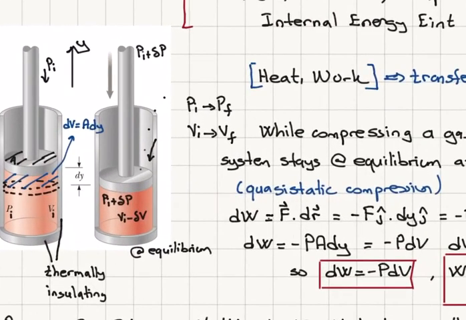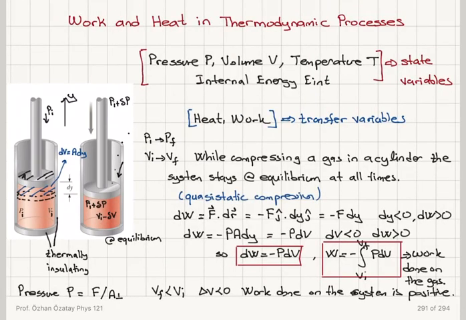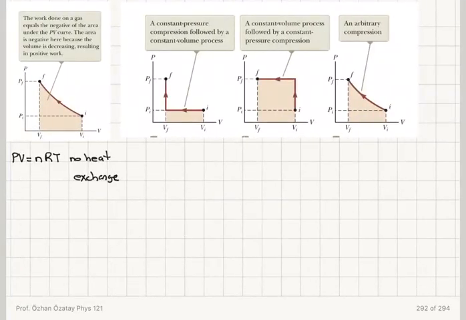Now, if your gas is in this insulated cylinder, there is no heat exchange with the environment, so there is no Q entering the system. However, I'm doing work on the system, so the temperature may change.